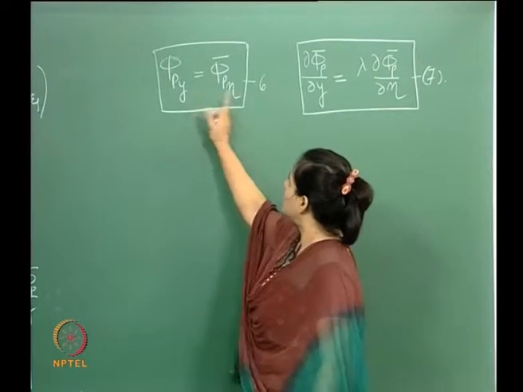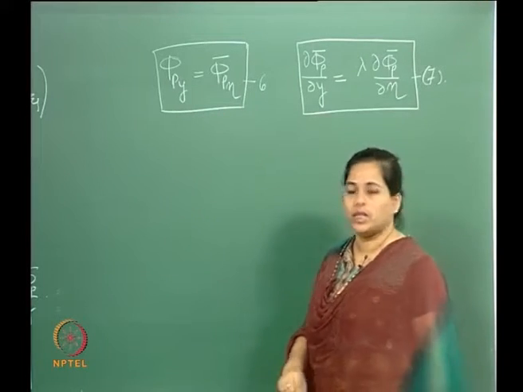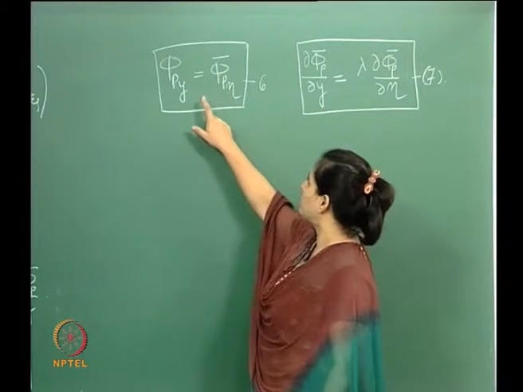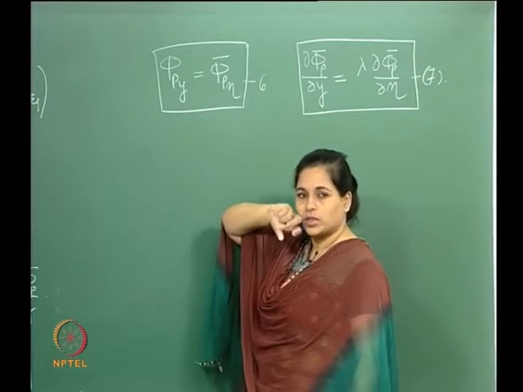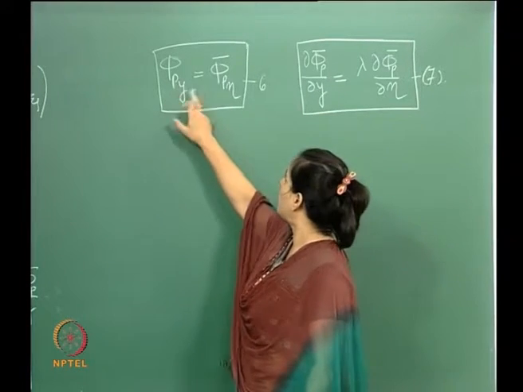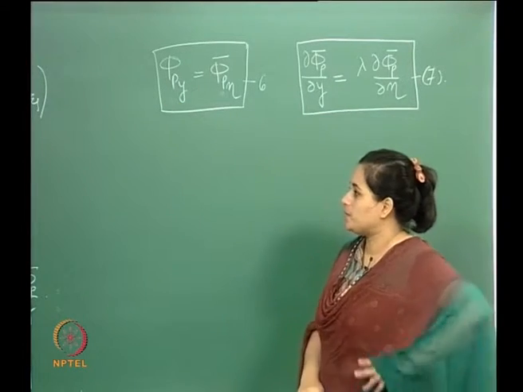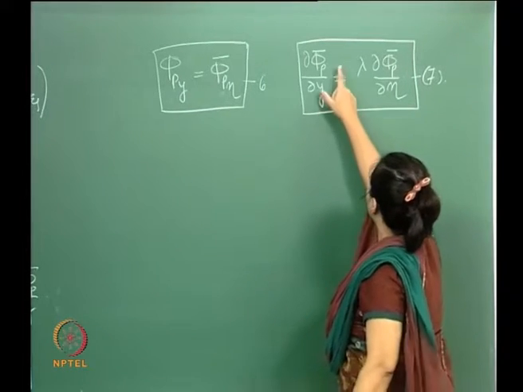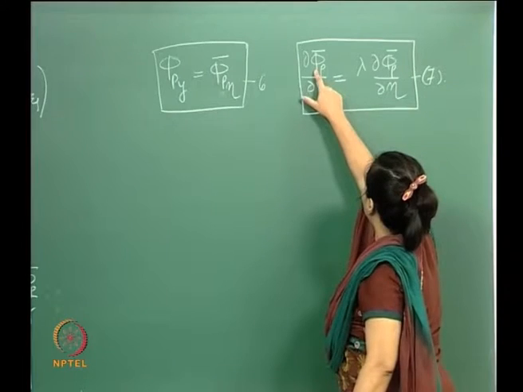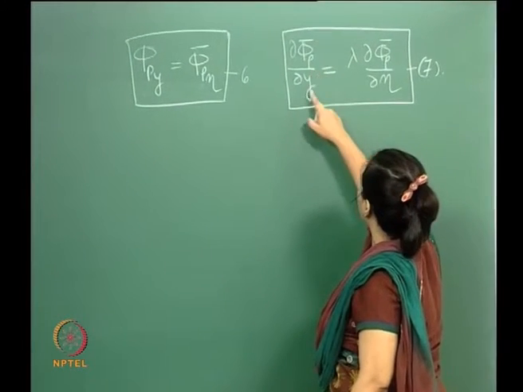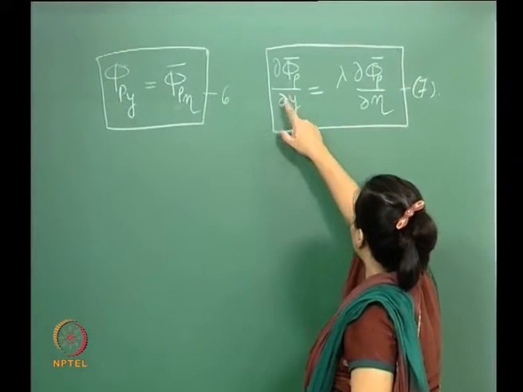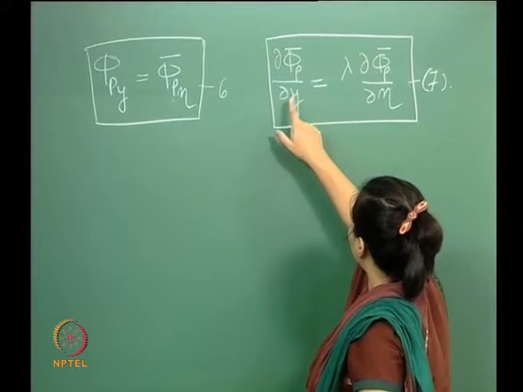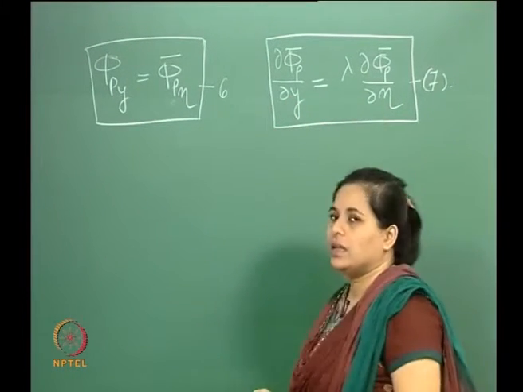This is essentially the relationship between the perturbation potential in the xy coordinates and in the transform coordinates, with differentiation with respect to the y axis and the eta axis.